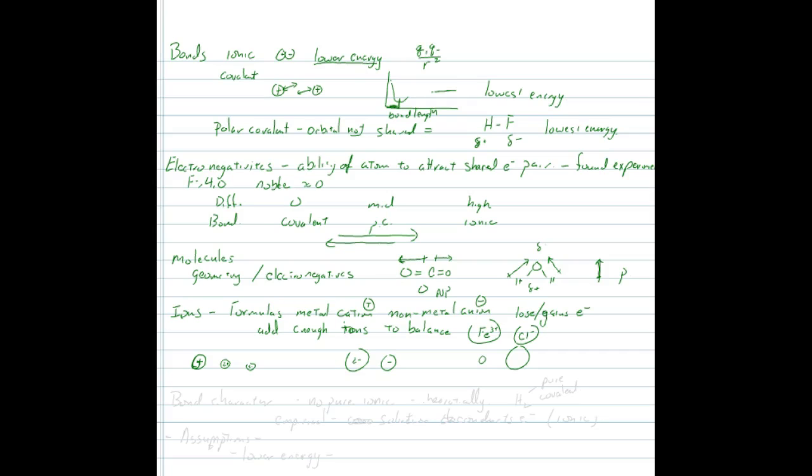Bond character. What is the difference between ionic and polar covalent bonds? It's really tough to tell. There are absolutely no pure ionic bonds.